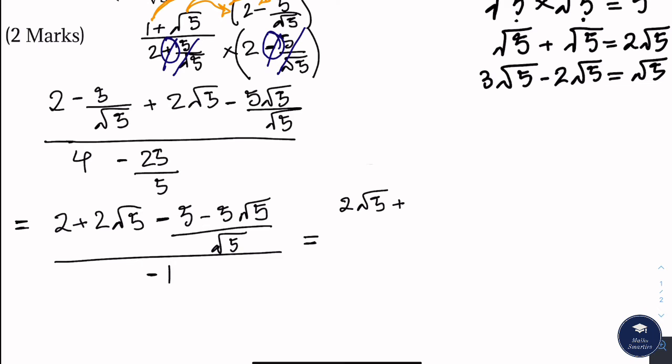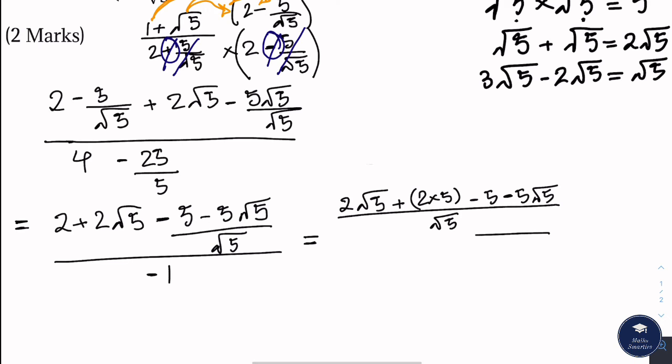Add 2 square root 5 times square root 5. What did we say? Square root 5 times square root 5 is 5, so it is 2 times 5. Negative 5, negative square root 5, over the whole fraction, square root 5 over the minus 1.